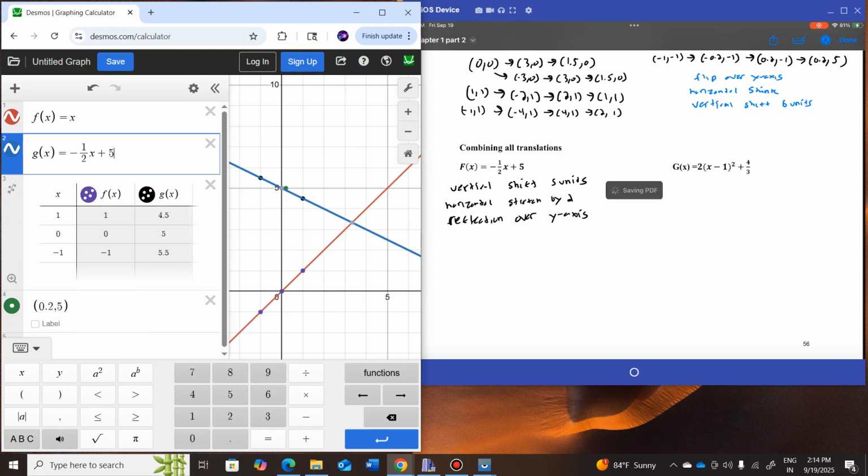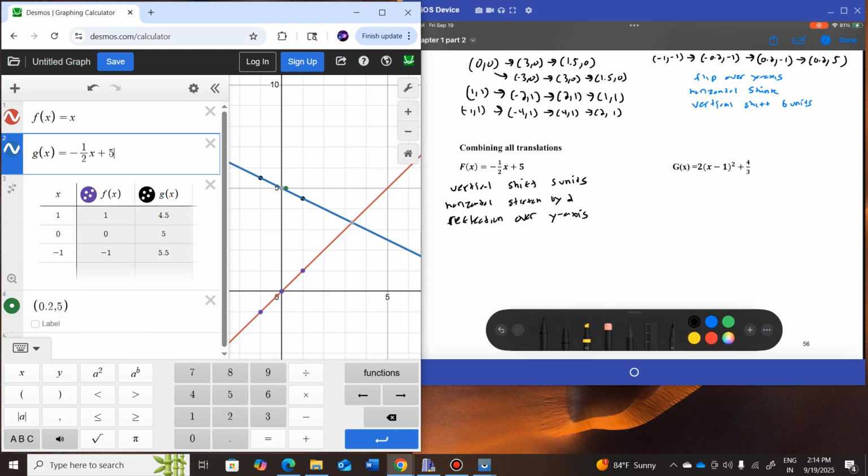So it's got shifted up, reflected, so it's going down now, and it's not as steep, so it's been compressed. All right, next one.